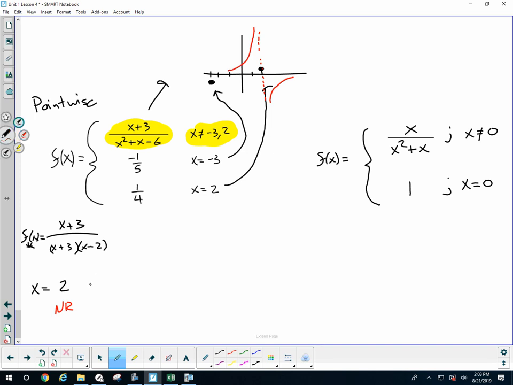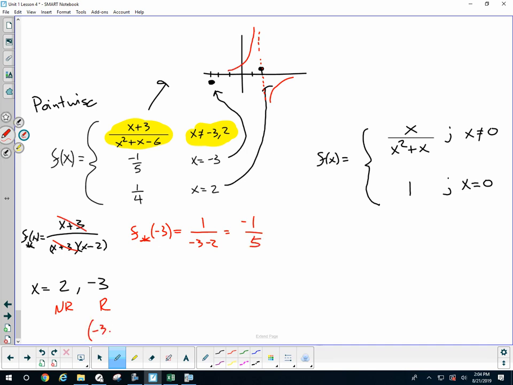Now let's look at x equals -3. I can see this is removable. Okay? It removes, or I get 0 over 0. And if I plugged in -3 to find the location, I see the location is at -1/5.